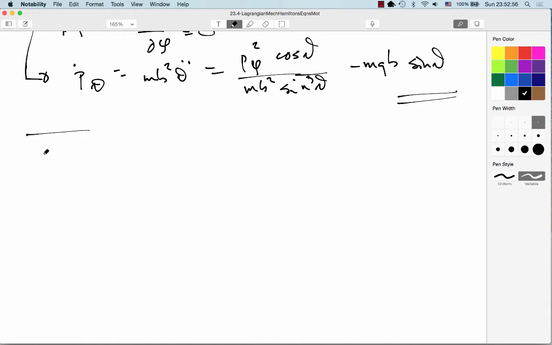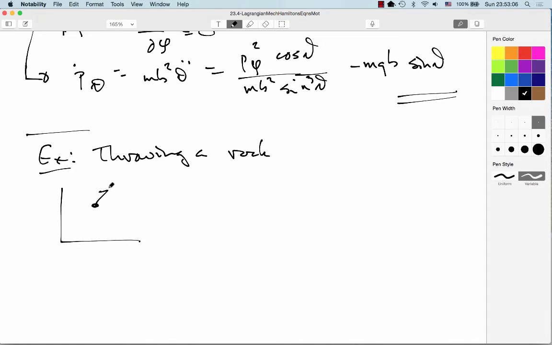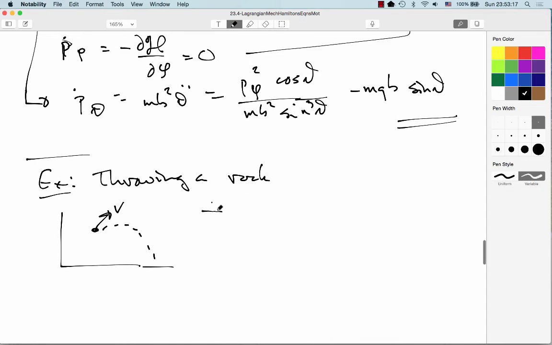So okay, let's do one example of that. Let's throw a rock. So there's my coordinate system. We're going at v. We know it's going to be a parabola, but hey. In a case like this, we can just go ahead and directly write the kinetic energy as px squared over 2m plus py squared over 2m.